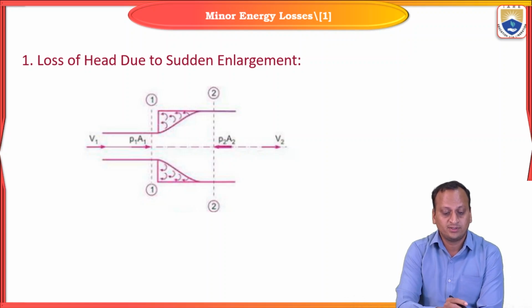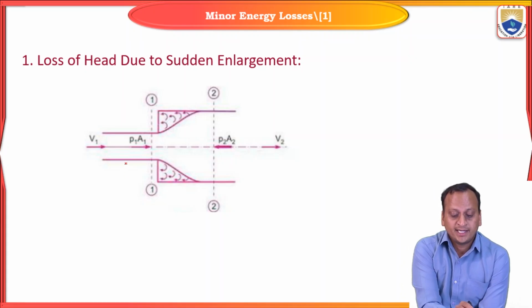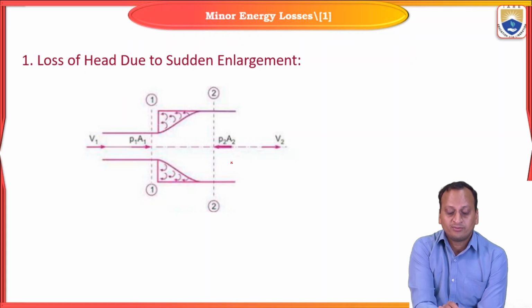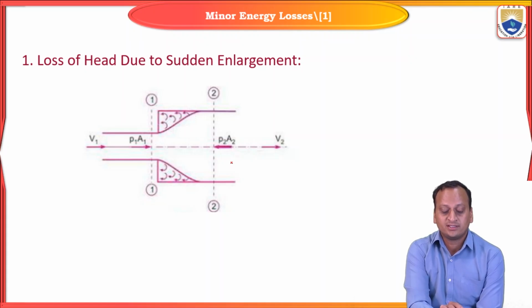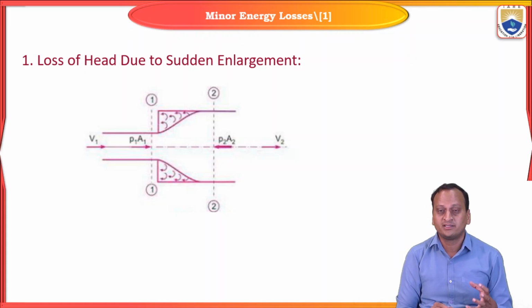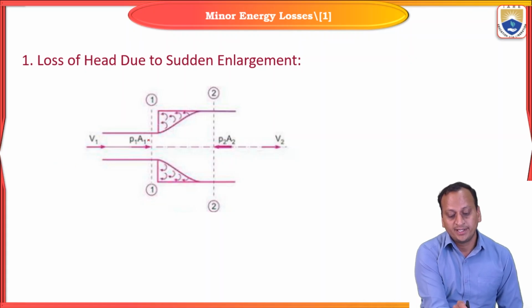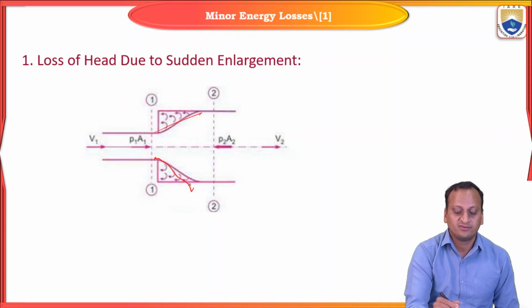So this is an example of a fluid flowing from a smaller diameter of pipe to a bigger diameter of pipe. If there is a uniform diameter, there is no loss. But when the diameter increases like this, some portion of separation will occur.